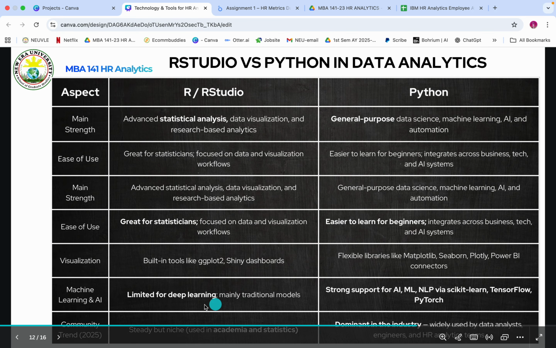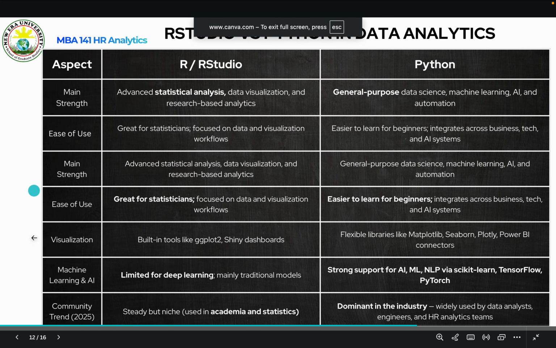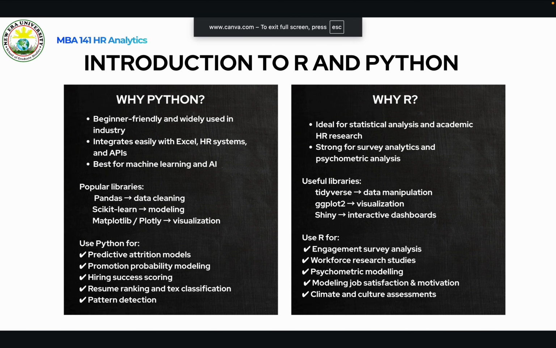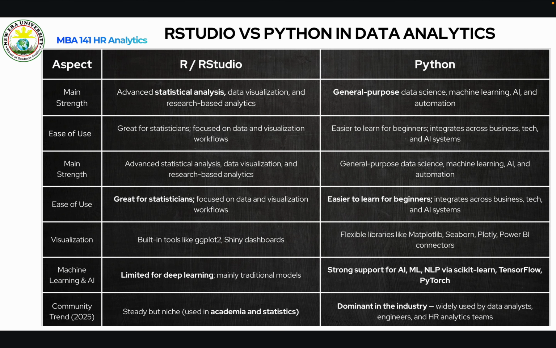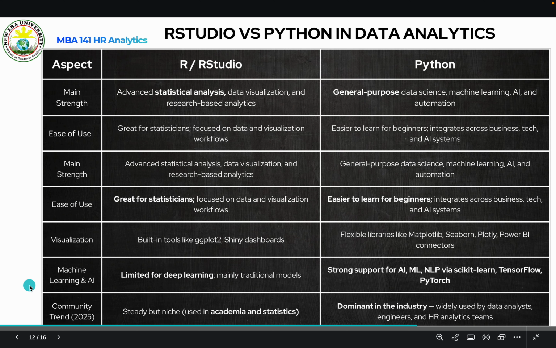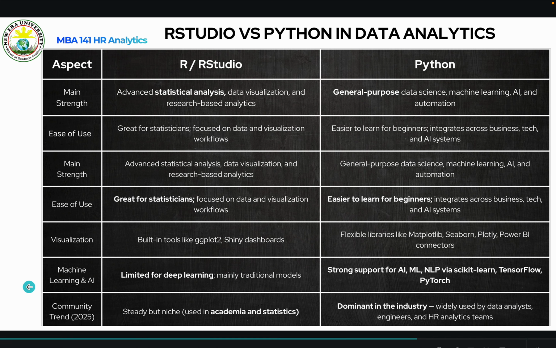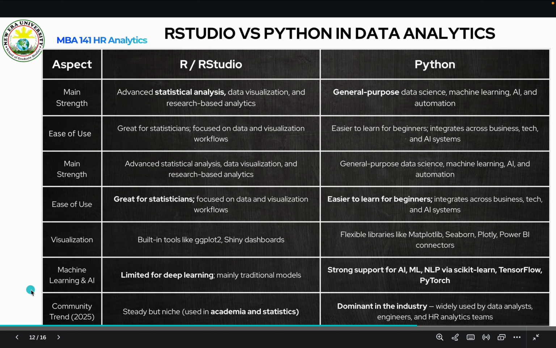From a trend perspective, R remains niche but respected in academia, while Python continues to be the global standard for practical analytics and HR tech integration.